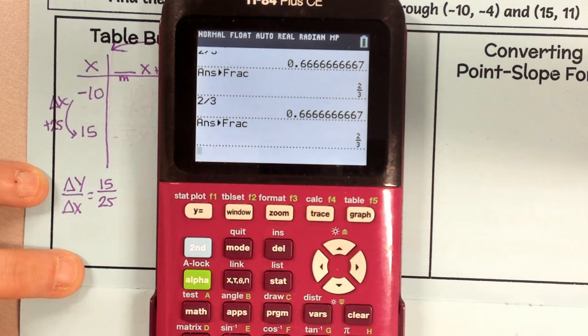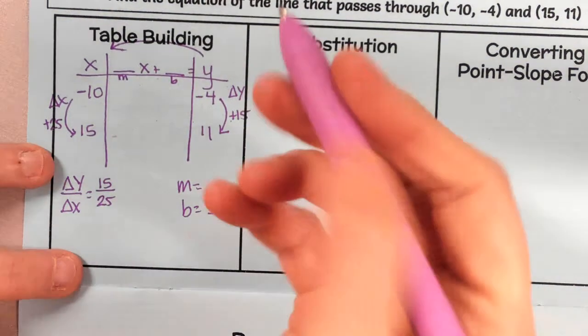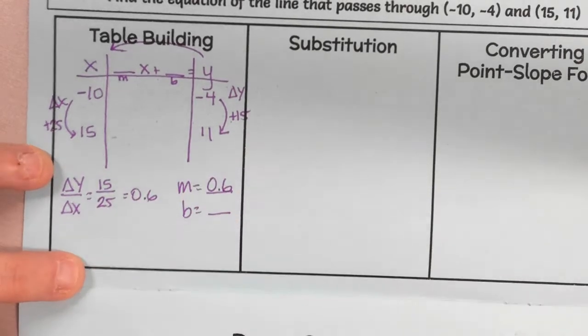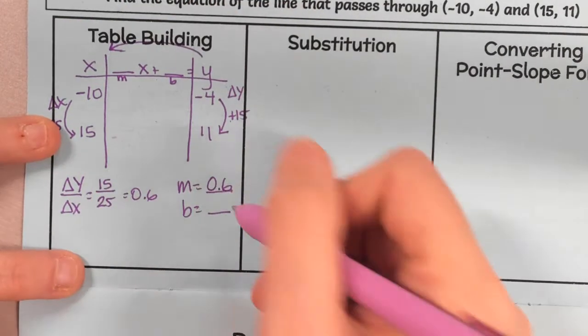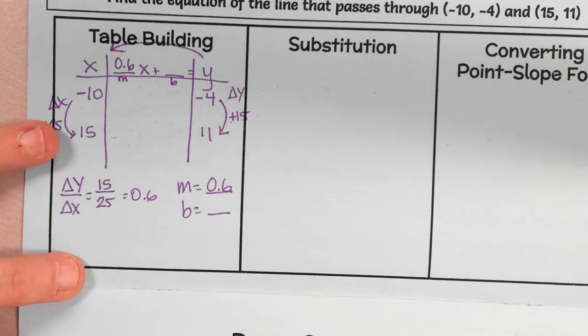But in our case, when we did 15 divided by 25, we got just a nice, pretty, non-threatening decimal. So our slope is 0.6. We can leave it like that. I'm going to put it up here so I can continue my process.